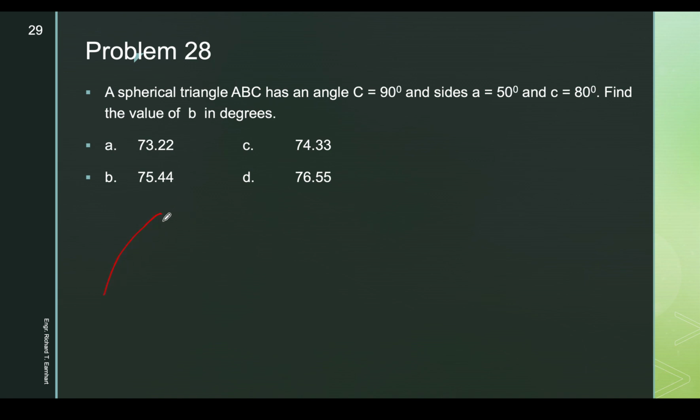This is your right triangle, and the opposite side is 80 degrees. Say this is angle A. The opposite of angle A is 50 degrees. That's given. Okay, so B here is unknown. Also the opposite side.